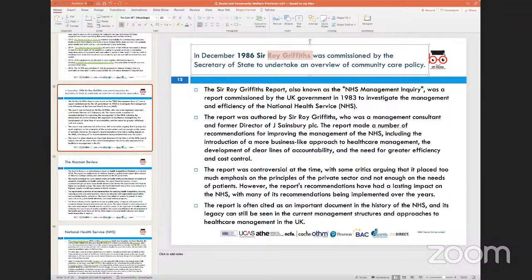It also recommended that this management control, when it is created, should be given greater efficiency and powers to be able to manage their own costs and budget.